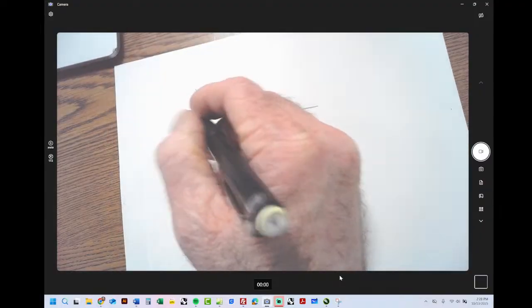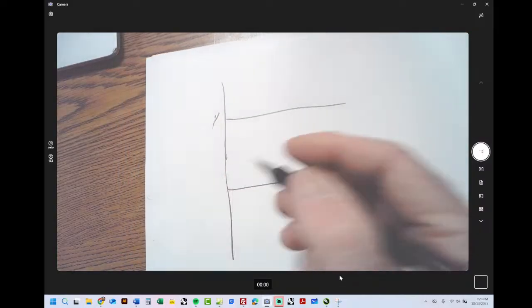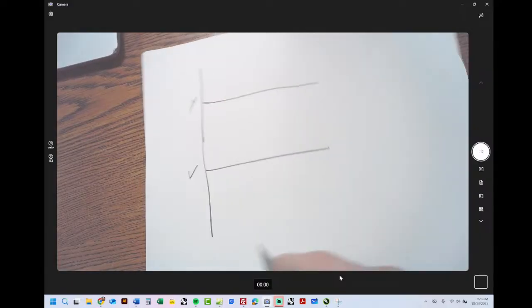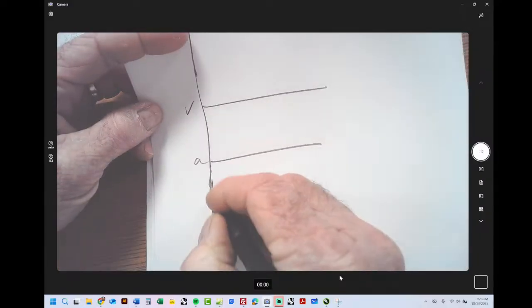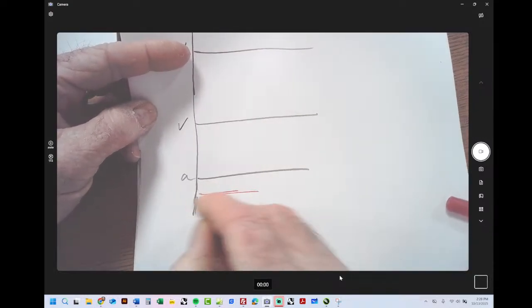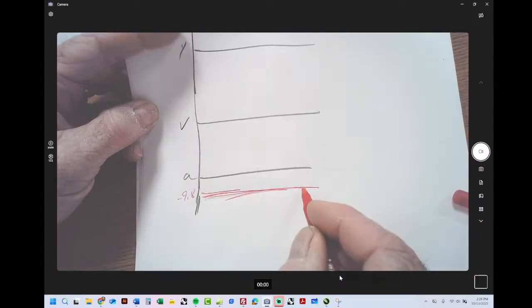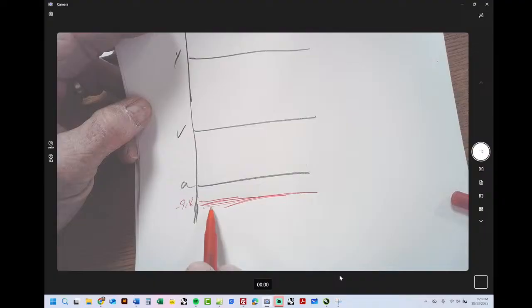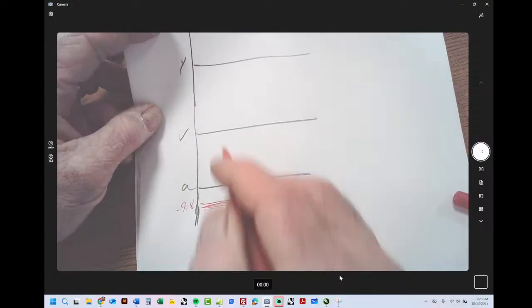This is y position, this is velocity, this is acceleration. So at the top, let me do it in pen, the acceleration is negative 9.8. You don't need a number, but it's negative 9.8. The fact that this is always negative means the slope of the velocity graph should be negative.